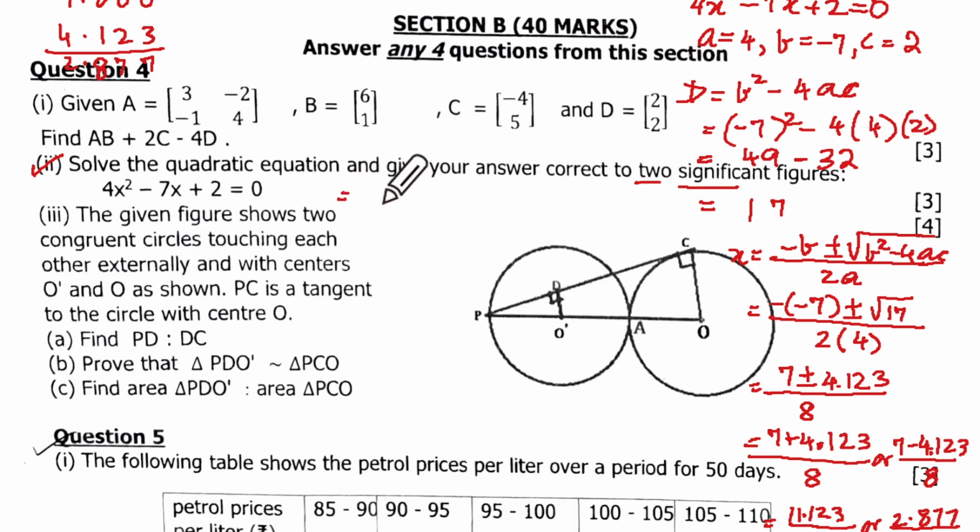Correct, so that is equal to, how much did you get here? 8 ones are 8, no? You divided here. 8 ones are 8, remained 3. 1.39.